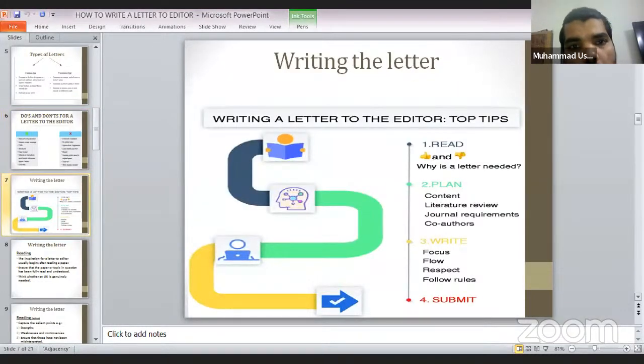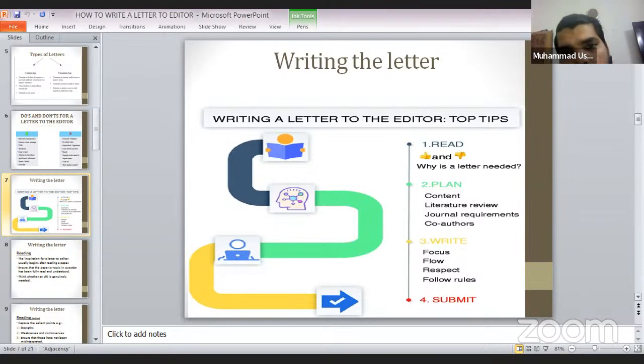If we talk about the process of writing a letter to the editor, it can comprise four stages. Number one is reading. First you have to read the available medical literature related to that particular topic. Then you should plan how to write. The third one is the process itself, writing. And the fourth stage is submission.